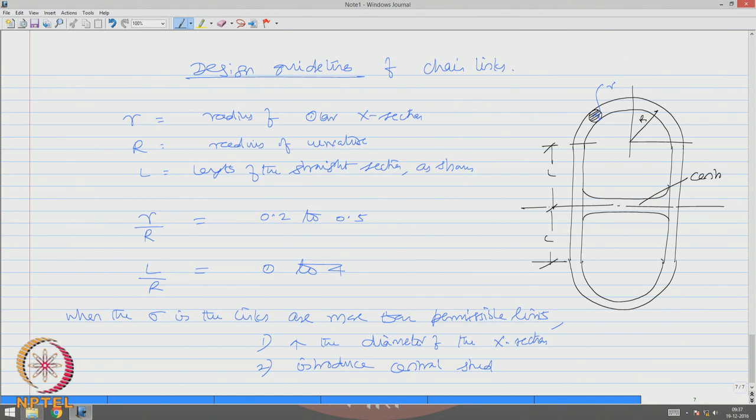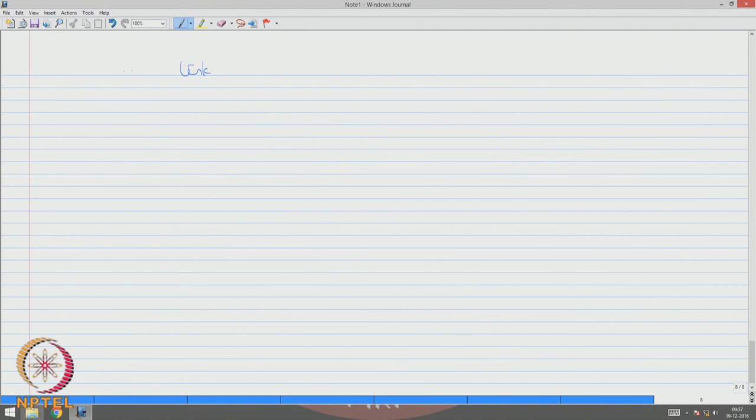This is called central stud. So, the ring or the link is reinforced with a central stud in case the stresses at any section increase beyond permissible limits.